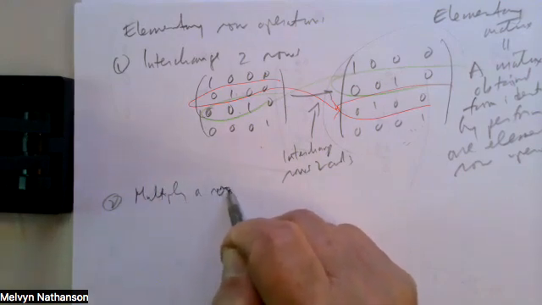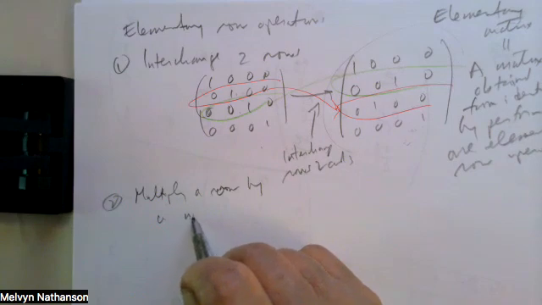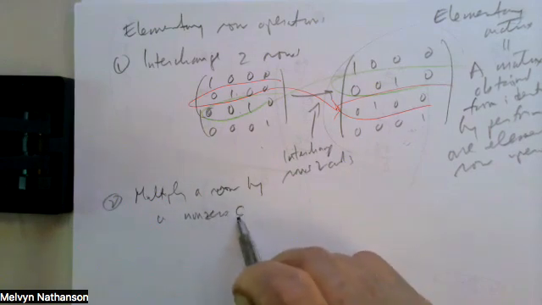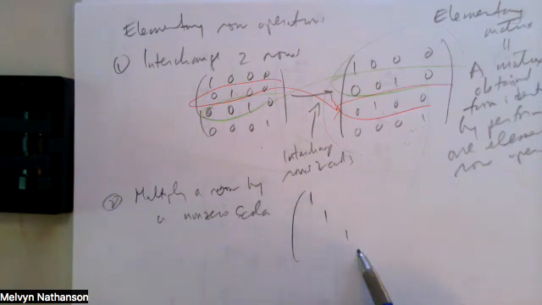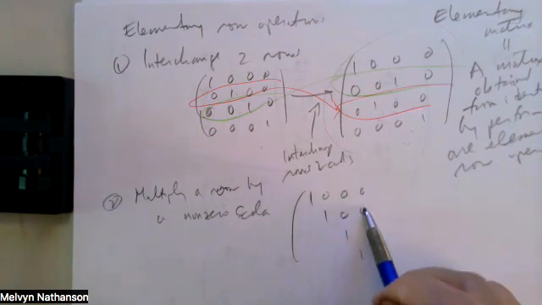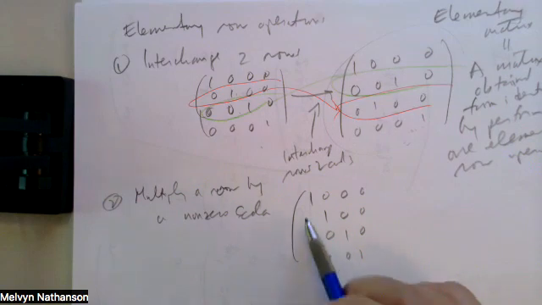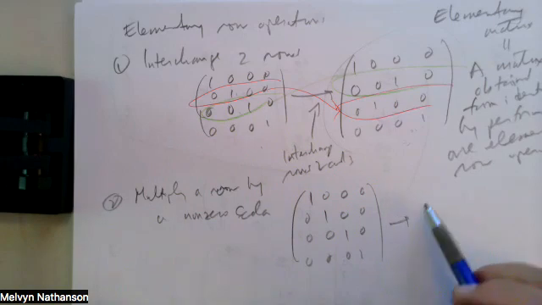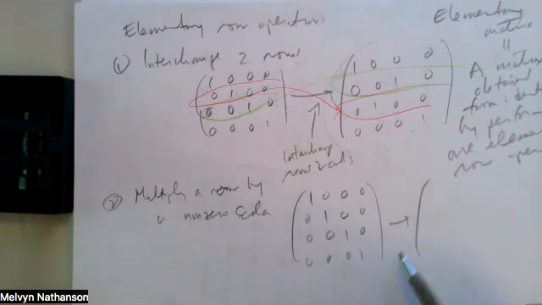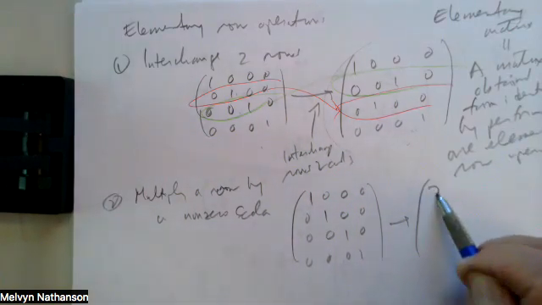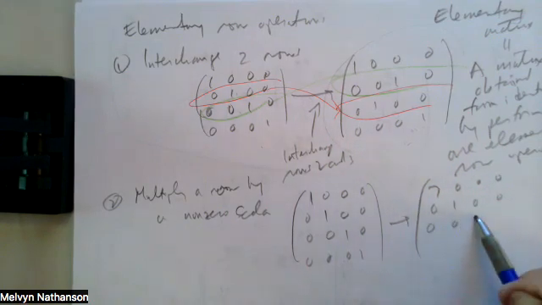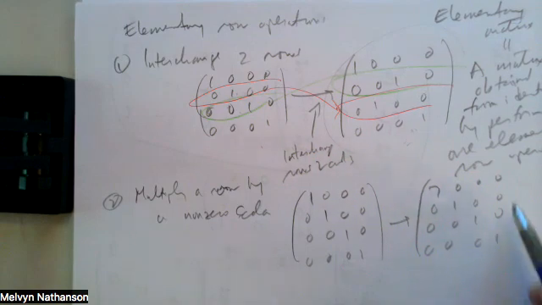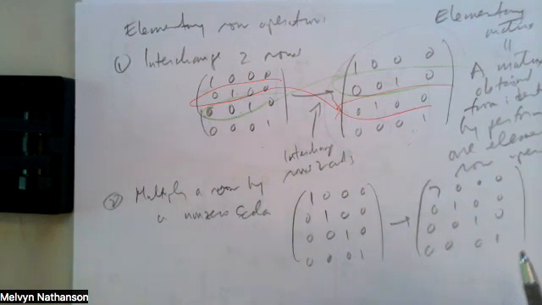Multiply a row by a non-zero scalar. So for example, if I take the 4x4 identity matrix and I multiply the first row by 7, I get this matrix.